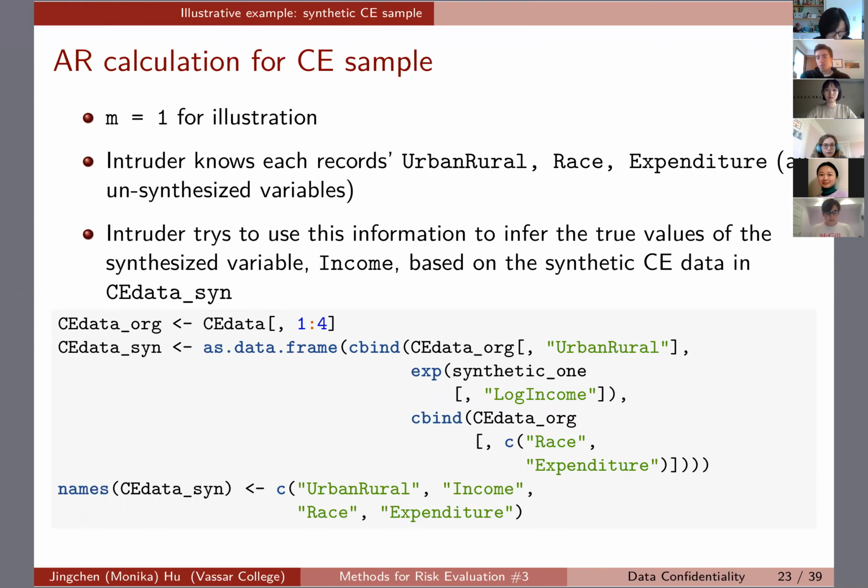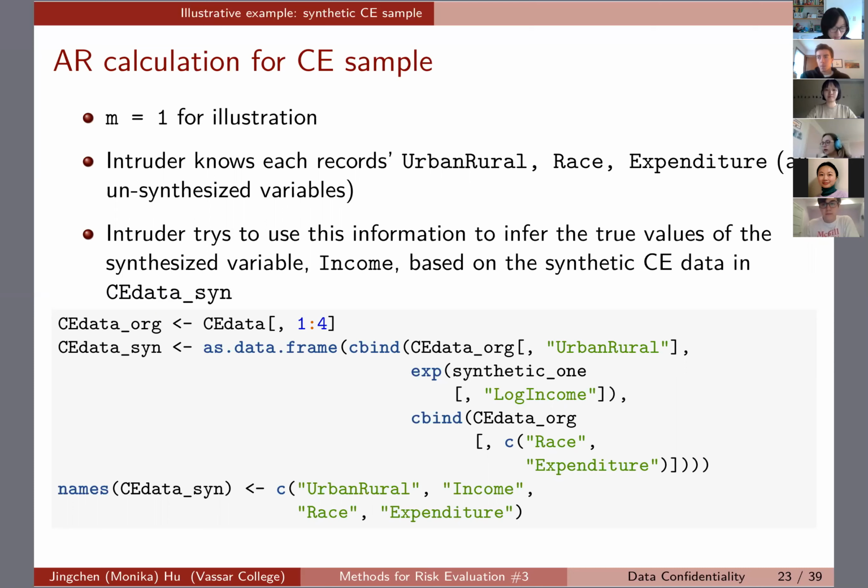I just rearranged the data a little bit. So in the end, we have the CE data org, which will be the original data with only the 4 variables that we care about. And then the synthetic data, I make sure that I delog it, get it back to the original scale, and come back with the same dimension.